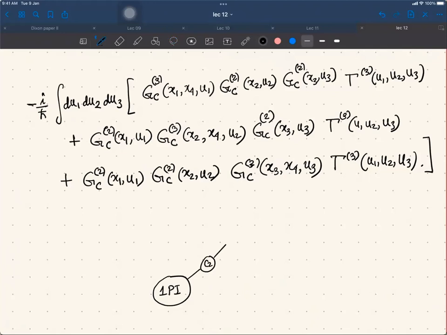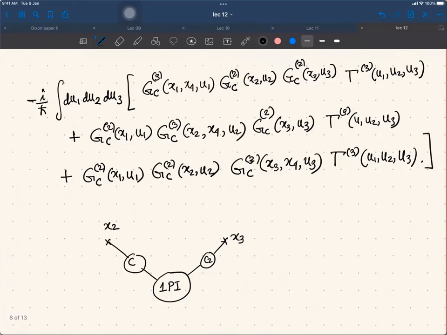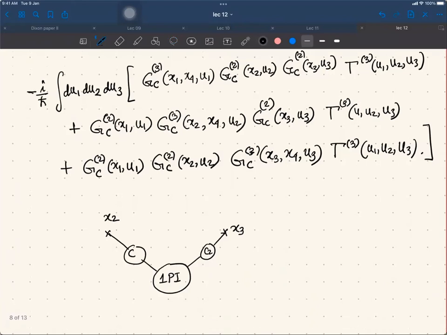So this is x3 and this is x2, right? There are two connected Green's functions from x2, x3 to the 1PI vertex, the 3-point 1PI vertex, and then there's a connected 3-point function x1, x4, and u1.